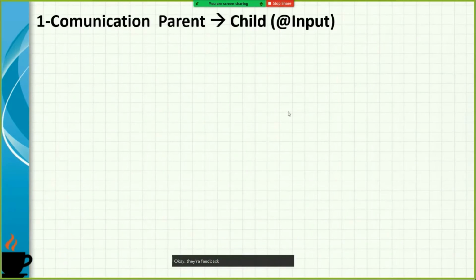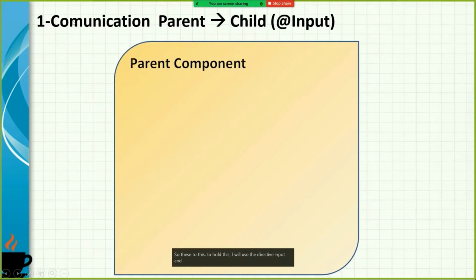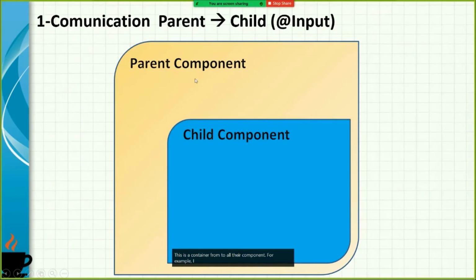The first communication I will cover is from parent to child. To do this, I will use the Input directive. Visually, you can consider that I have a component that is a container of another component, a child component.